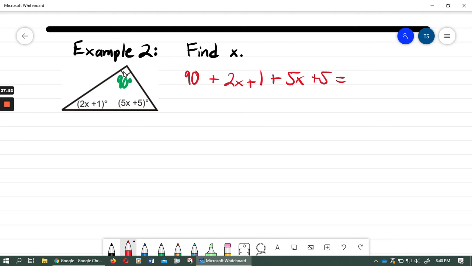When we do the sum of those three interior angles, it is always 180 degrees. That's it right there.